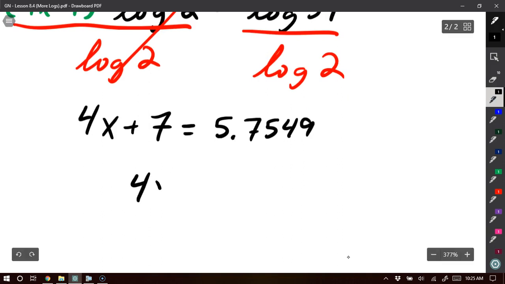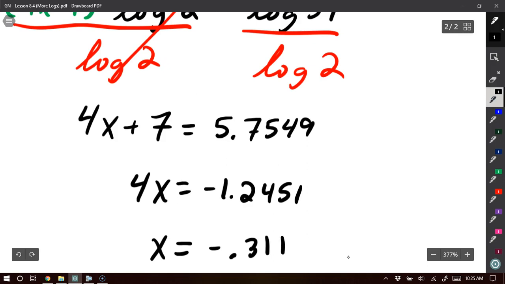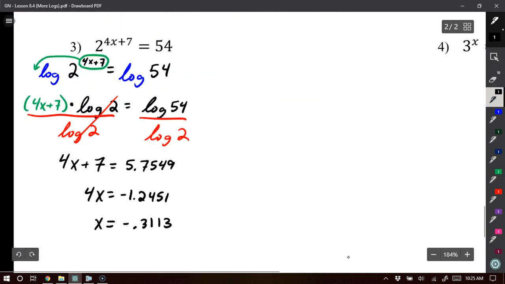We would subtract the 7, and that's going to give me negative 1.2451, and then I'm going to divide that number by 4, and x is approximately negative 0.311275. I want to go to 4 places. So I'm going to look at the 5th place. That's going to round that 2 up to a 3. And there is your log and power approach.